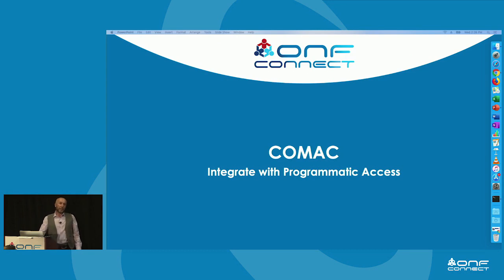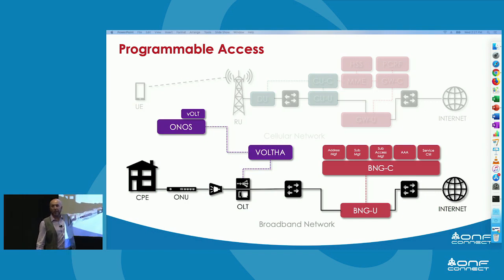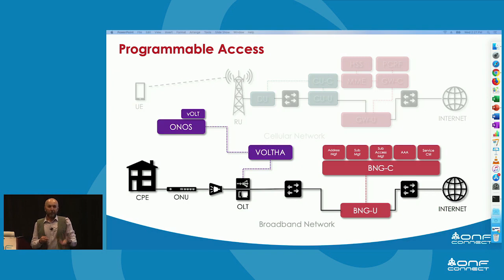So once I'm there, the next phase, if you recall from my introduction, is integration with programmatic access. From the broadband side, we start realizing the OLTs as white box programmable entities. And through a hardware abstraction, we can then use ONOS with an appropriate application to programmatically control my OLT.